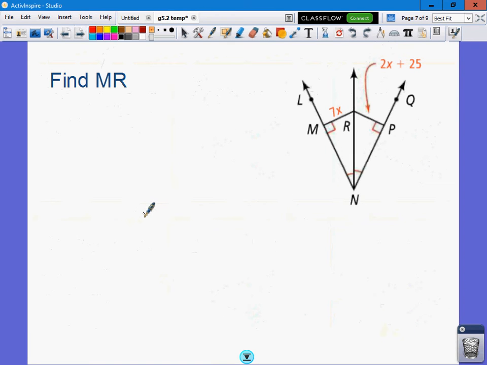So the example. What is ray NR in this picture? It's an angle bisector. I know it's an angle bisector because I can see that it cut that angle into two congruent pieces.